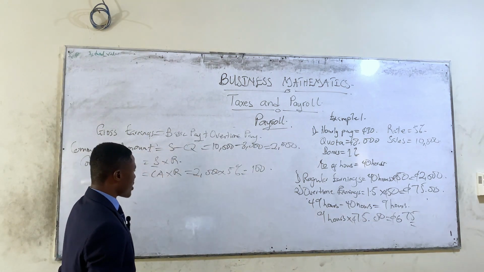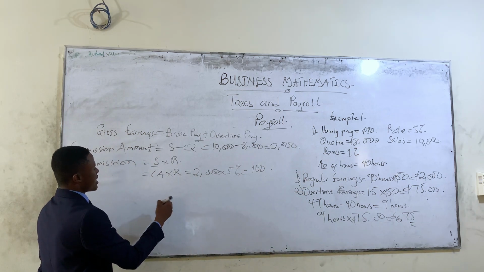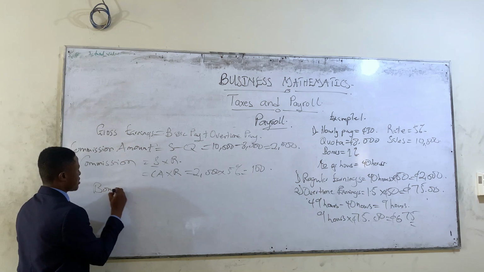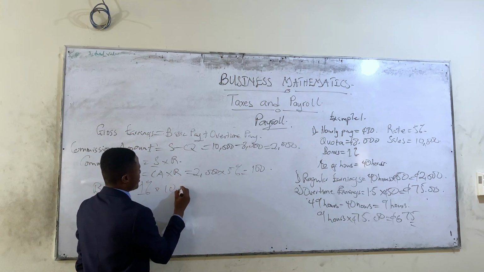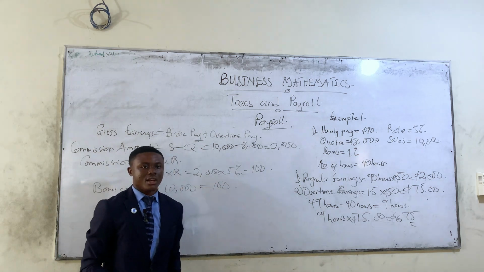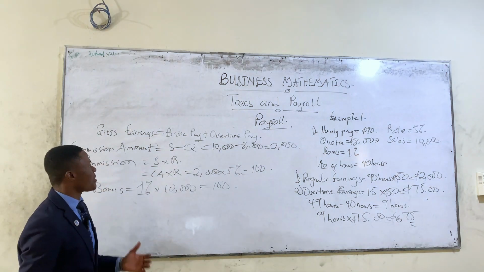Are we good? Great. So the bonus will be 1% of 10,000, and we are getting 100 cedis.